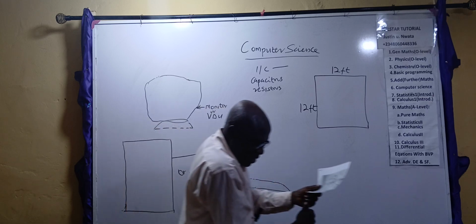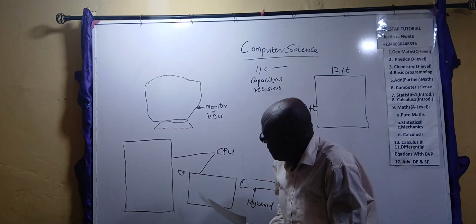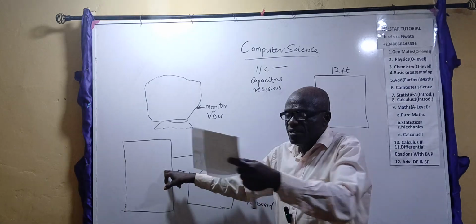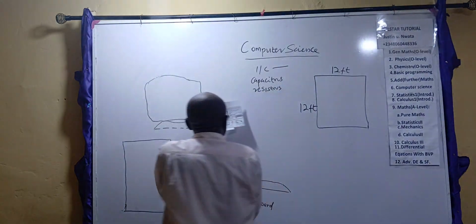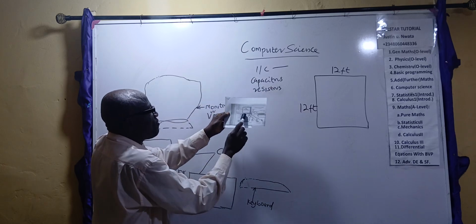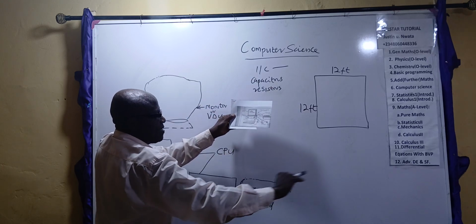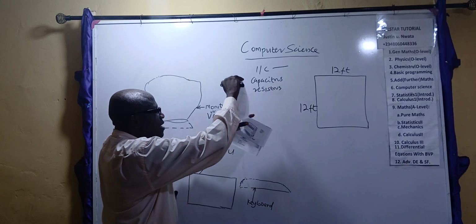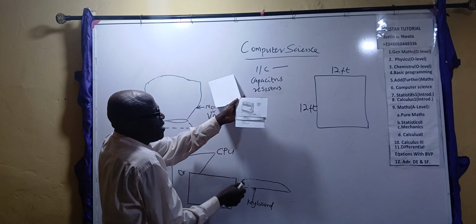Now, we are coming step by stage. This CPU, this one is either standing or flat, but this one is flat, resting. Now the monitor is kept on top of it. Some other CPUs, these are not standing CPU, you can see it.